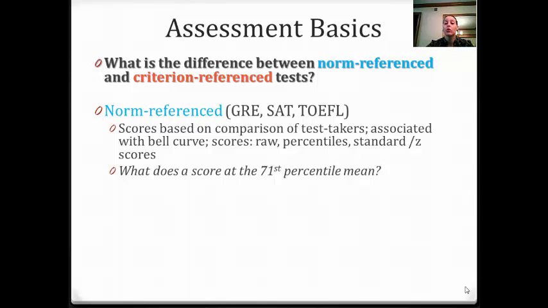Norm-referenced tests are also used to compare the performances of classrooms, schools, districts, and even states. Some commonly used norm-referenced tests include the Stanford Achievement Test, the SAT, the GRE, and the TOEFL, which is a very popular English language assessment test for ELLs, and even international students who want to get into college in the United States.